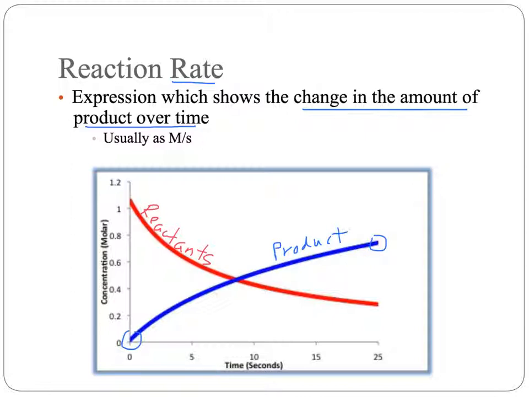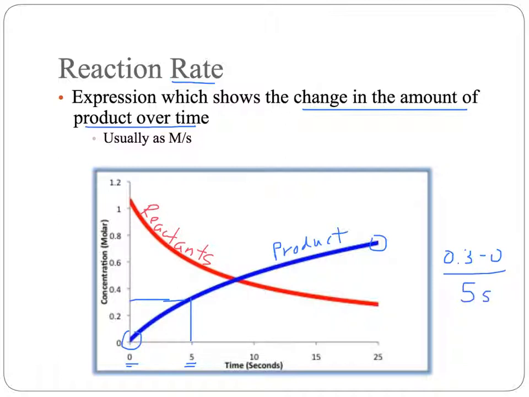Now to determine the rate, you want to look at any 2 points. So if we start here and compare what happens to the rate between 0 seconds and 5 seconds, we want to look at the amount of product that is made at both of those points. So obviously we started with no product because we're just combining our reactants, and so our products would go from a final point of molarity of 0.3 minus the initial molarity of 0, so it's not going to be changing, you don't have to put a number in for there, over a time of 5 seconds.